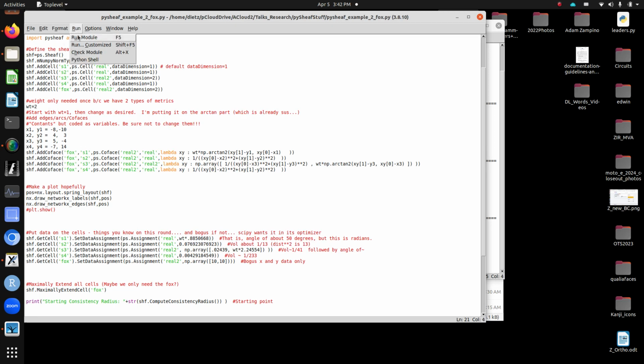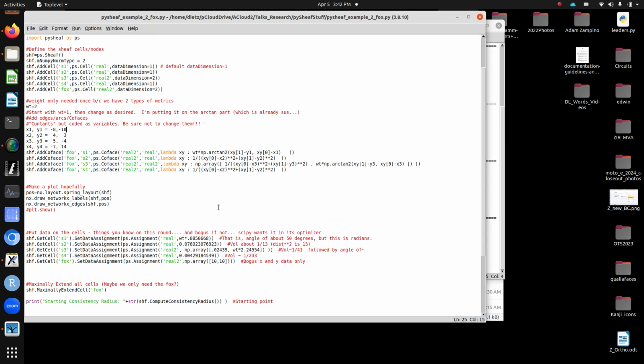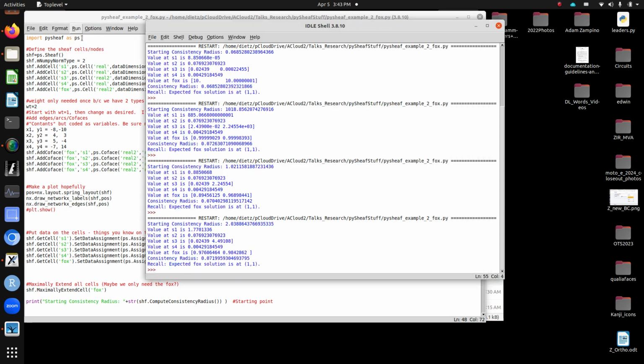I don't remember. And then I'm just gonna go ahead and play down here. I can change whatever is going to eventually get optimized. So what is going to get optimized is the location of the fox. So I can start off, right now the fox is starting off at 10, 10. What if I started off really close to where it actually is and see how that changes my results?